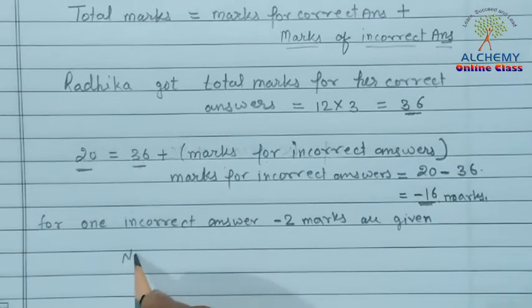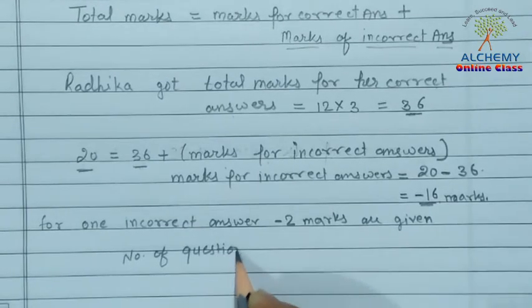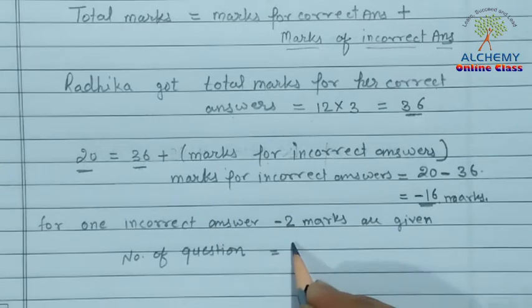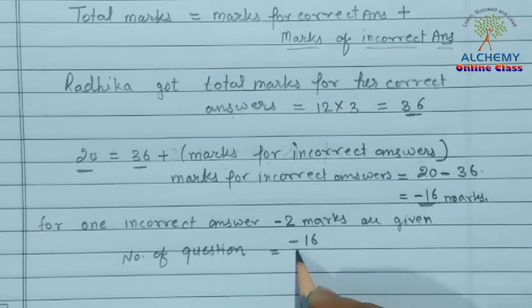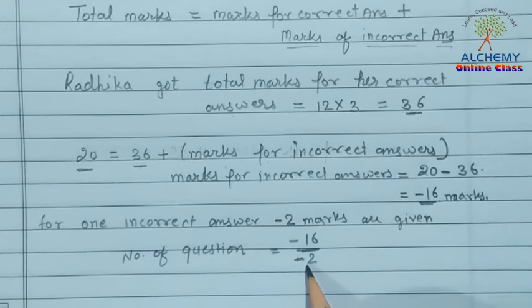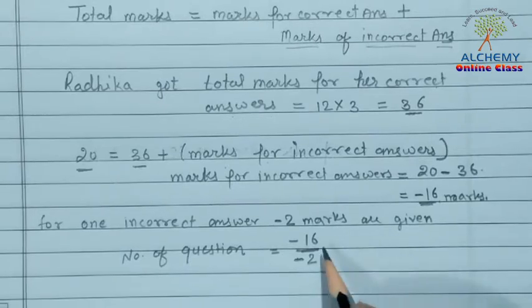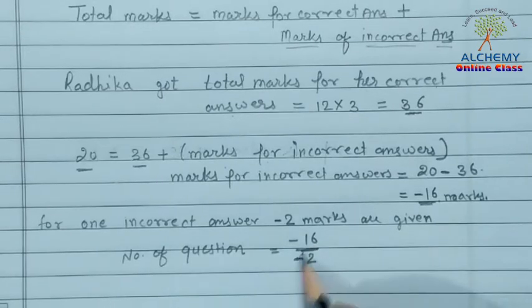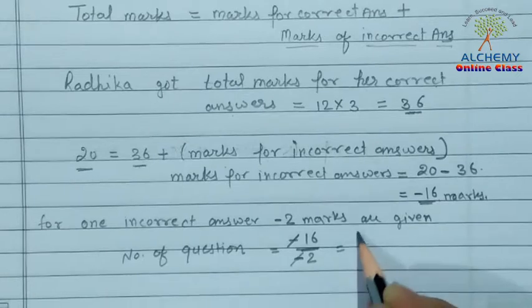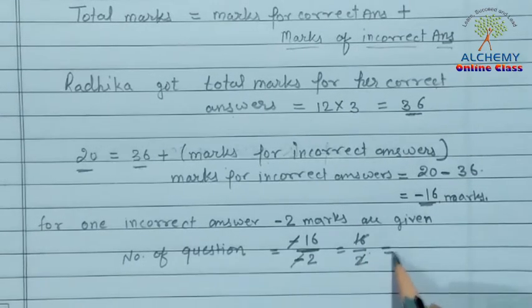We can find the number of questions when the total marks are divided by minus 2. Why? Because for one incorrect answer, minus 2 marks is given and the total incorrect marks she got is minus 16. Okay, so minus 16 will be divided by minus 2, minus minus will be cancelled and 16 will be divided by 2, and when we divide 16 by 2, we get 8.